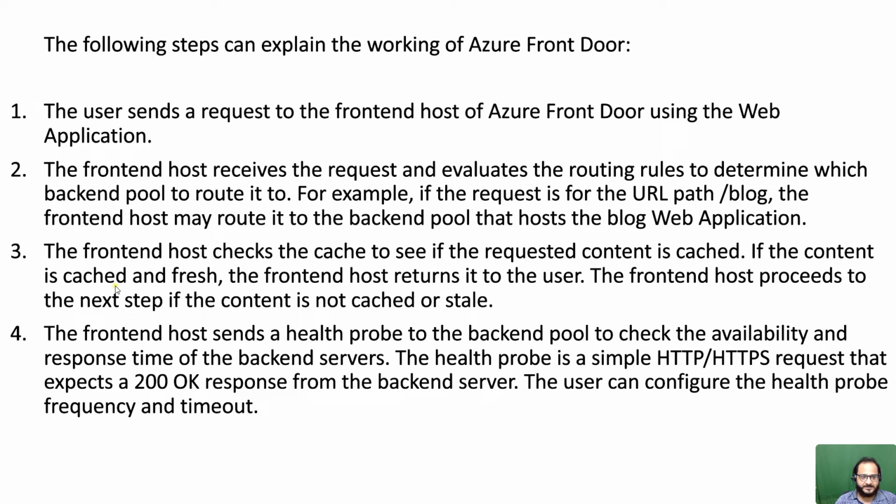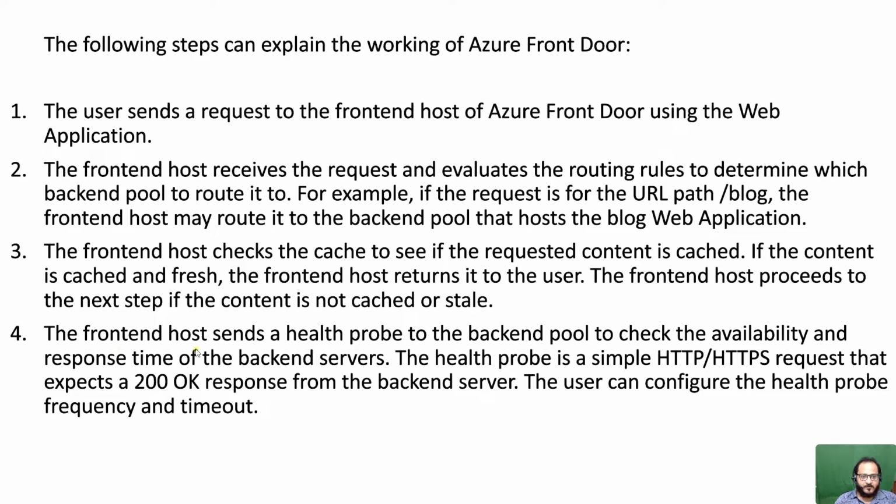If the content is cached and fresh, the front-end host returns it to the user, otherwise the front-end host proceeds to the next step if the content is not cached or stale. So if the content is not cached at the point of presence location, then it will go to the backend server or region where our web application is running, fetch the data from there, and then cache the data.